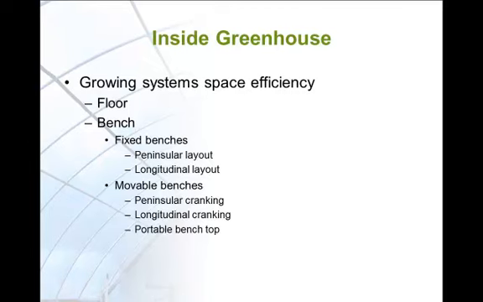One thing to keep in mind is that space utilization efficiency is not the sole criterion to select a growing system for your greenhouse operation. There are many different growing systems we can use in a greenhouse other than those listed here. Different systems give you different spacing efficiencies.